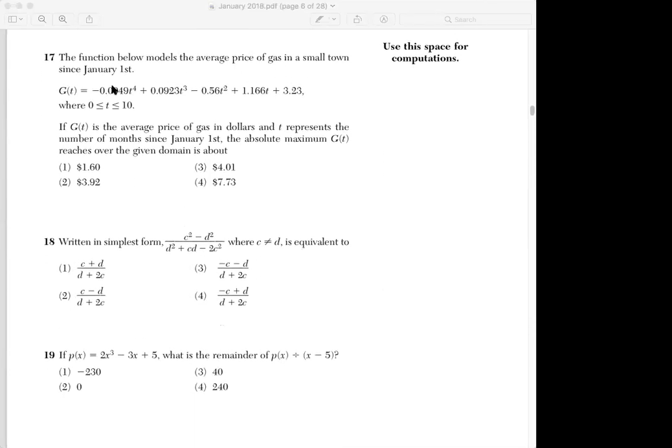Okay, 17. This function models the average price of gas in a small town. If g of x is the average price of gas in dollars, the absolute maximum. So you want to use your calculator for this to find the maximum.